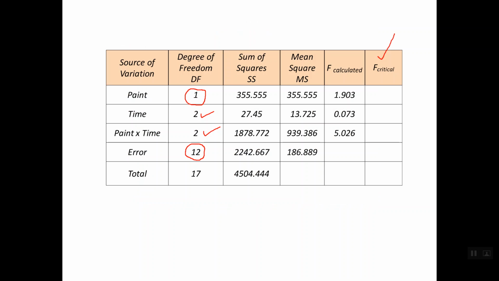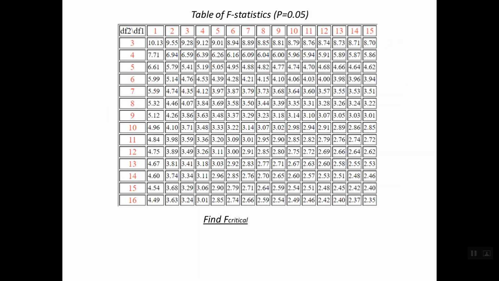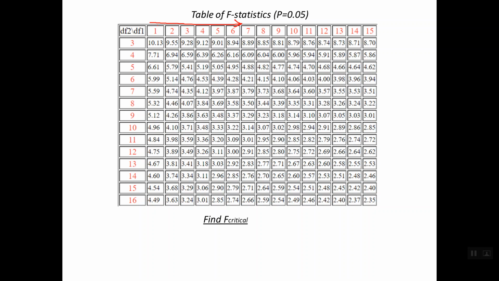In order to calculate for the paint first, we should take the degrees of freedom 1 in the numerator and 12 in the denominator. So this row here represents the degrees of freedom for the numerator, and for the first factor, which is the paint type, it is 1. Regarding the column here, this is the degrees of freedom for the error, which is the denominator, and we have 12 degrees of freedom.